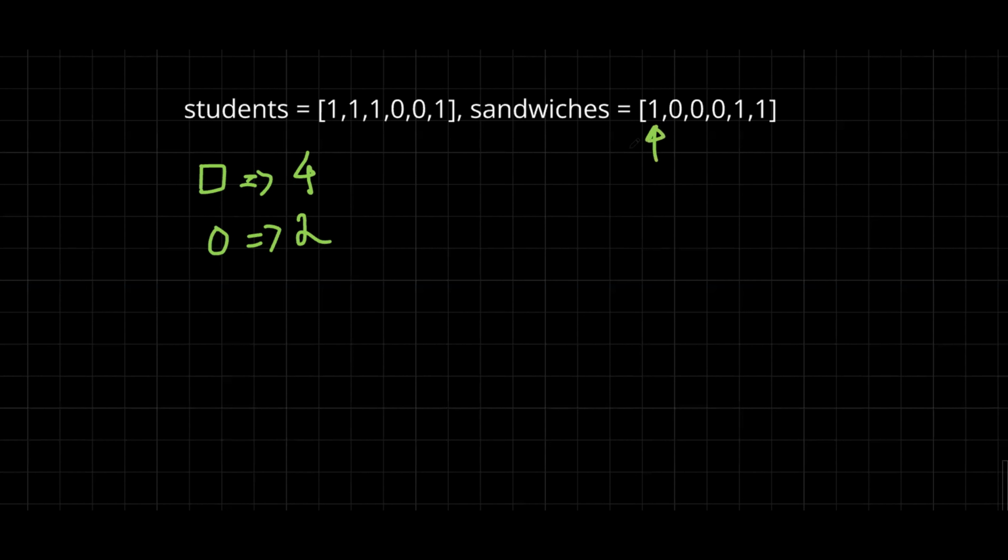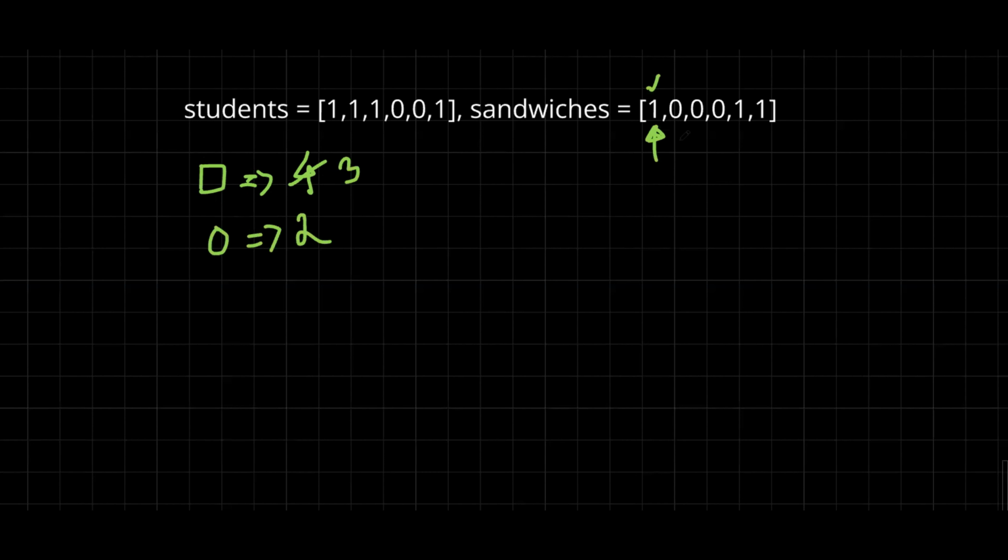That means the student wants the square sandwich. So yes, this sandwich can be eaten. And the frequency of students who want the square sandwich became 3 from 4.